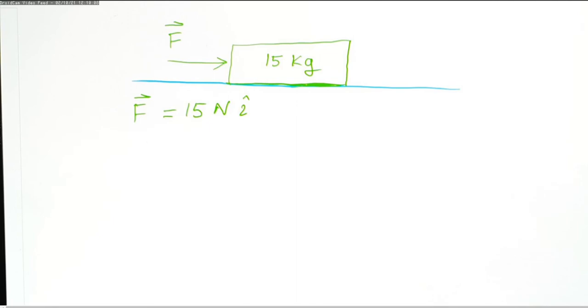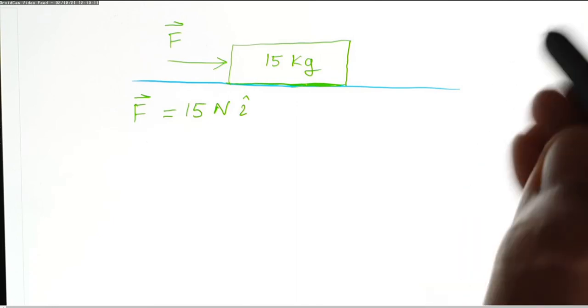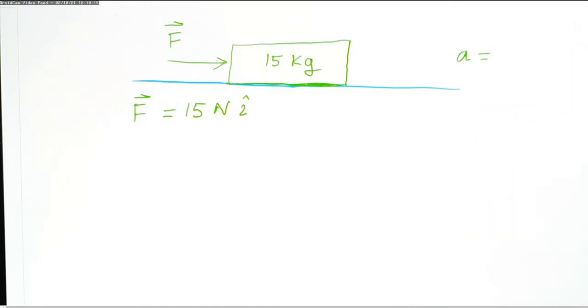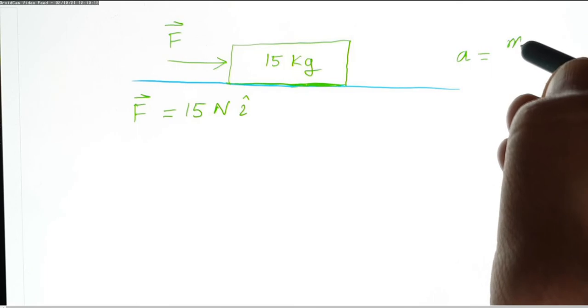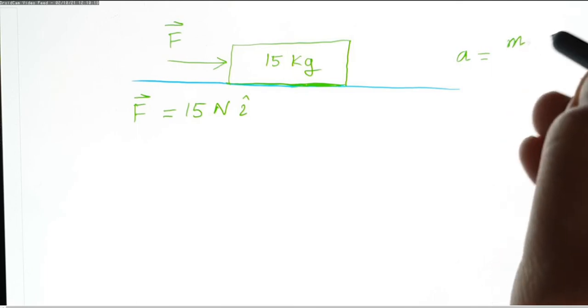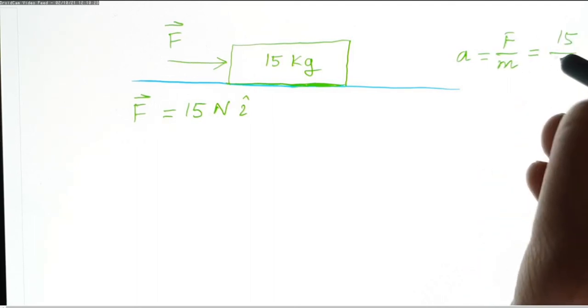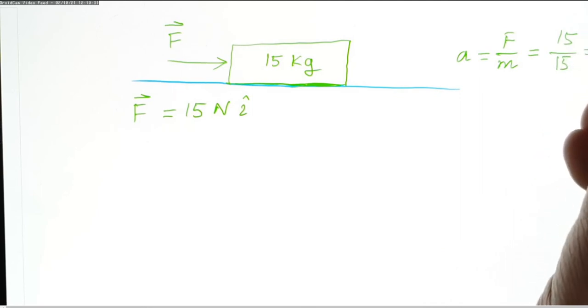So what's the acceleration? a is equal to F divided by m, which is 15 divided by 15, equal to 1 meter per second squared. Clear? Easy?